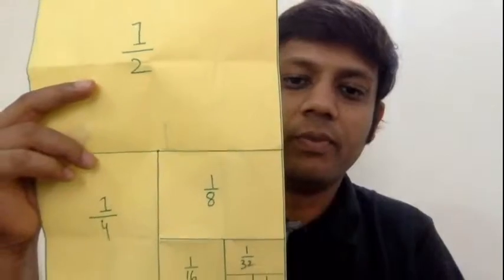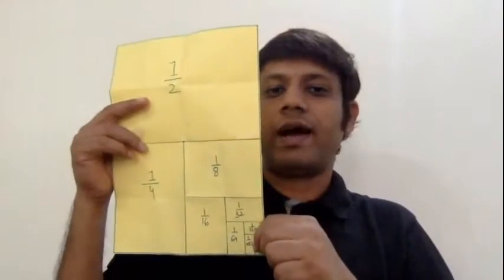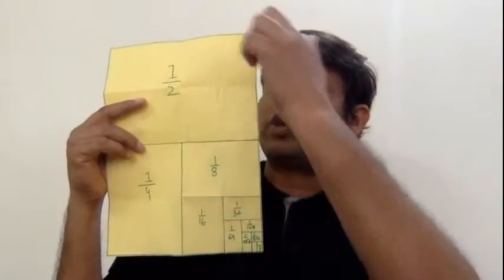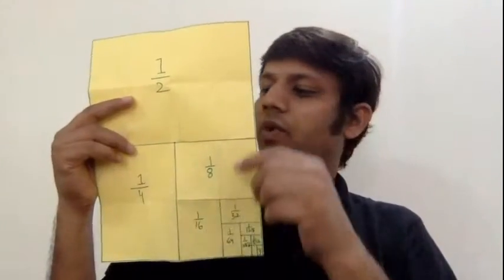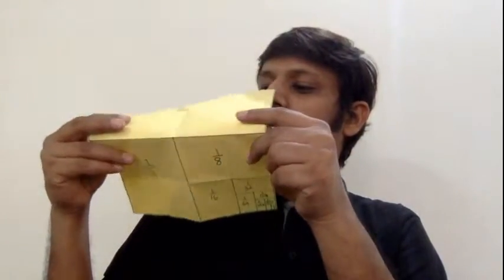So here is one full paper, right? Let me just move back a little bit. So here is one full paper, and what I'm going to do is fold this paper into half. What you see on screen is 1/2, which says this is half of the paper, right? Now I'm going to take this half of the paper and give it another fold.